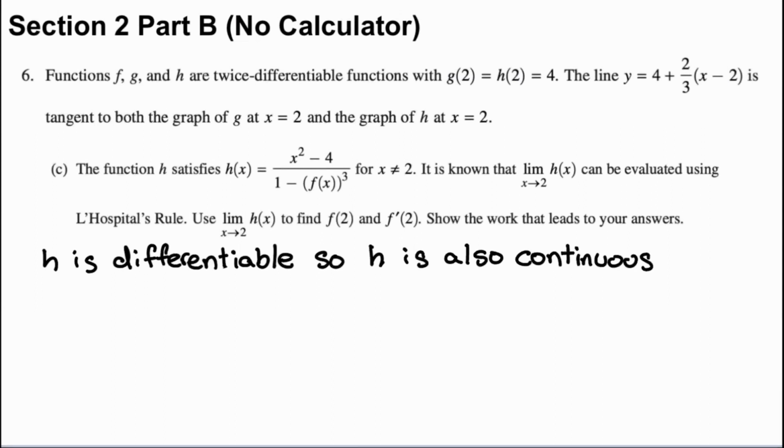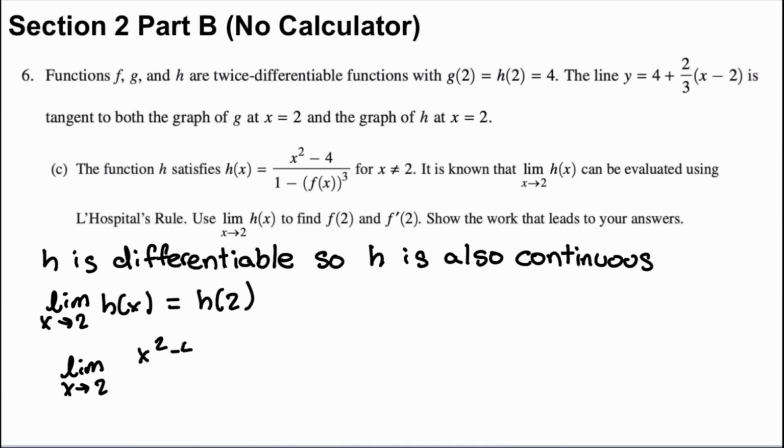And what that means is that the limit as x approaches 2 of h of x is going to be equal to h of 2. And so now we can use that when finding f of 2. So we can say that this limit statement, the limit as x approaches 2 of (x squared minus 4) over (1 minus f of x cubed), this whole thing is going to be equal to 4.